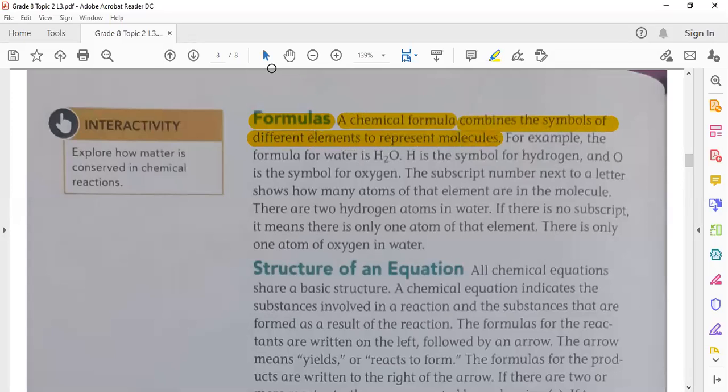Simply, the chemical formula of water is H2O, because it shows us that it is made up of hydrogen and oxygen with a ratio of 1 to 2. The ratio of oxygen to hydrogen in this molecule is 1 to 2: 1 oxygen atom, 2 hydrogen atoms.